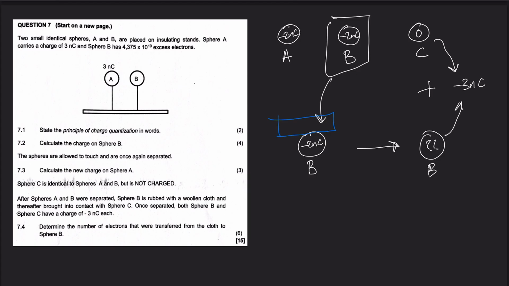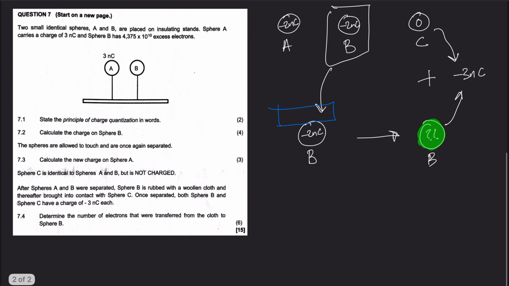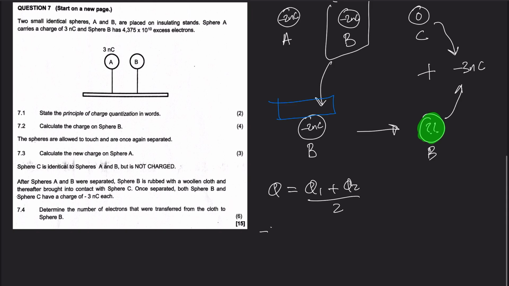Okay, so what we can do is we can work backward, and we can actually work out what this charge here was. So let me show you how we do that. So we can say that Q equals Q1 plus Q2 over 2. Now we know the charge after contact, so that's minus 3, right?